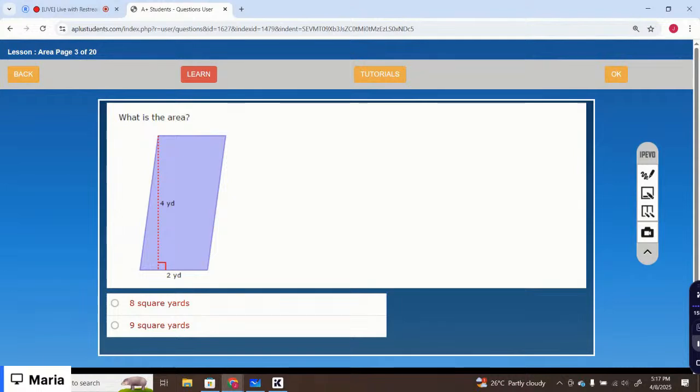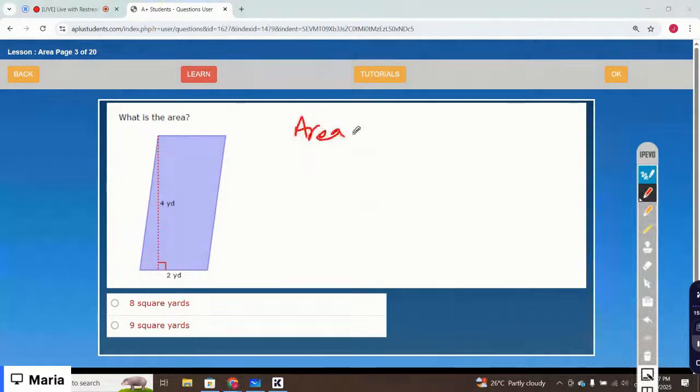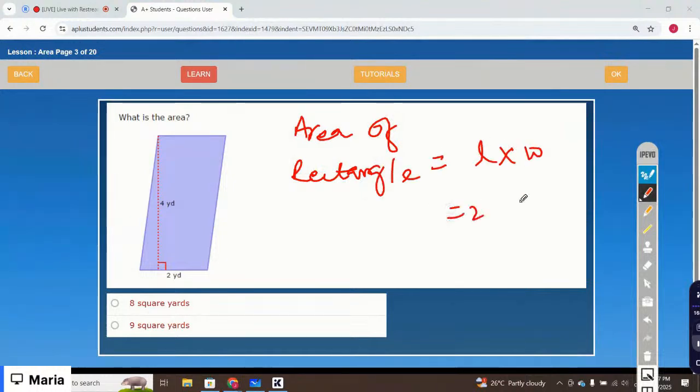Okay, so now we have a rectangle. The area of the rectangle is length times width. The length is 2, width is 4. 2 times 4 equals 8. So that is 8 square yards.